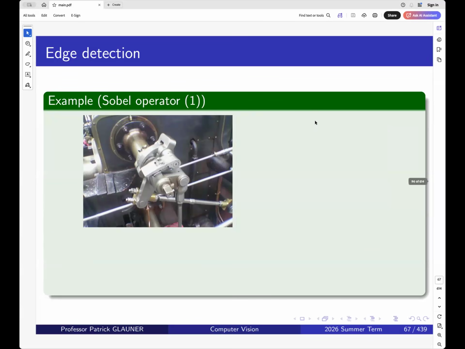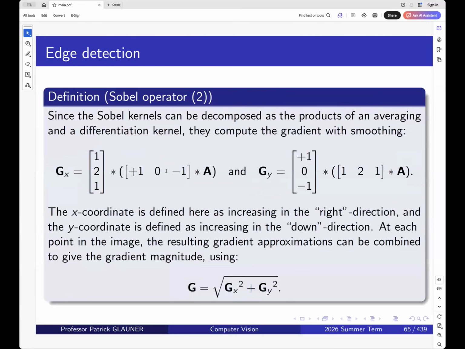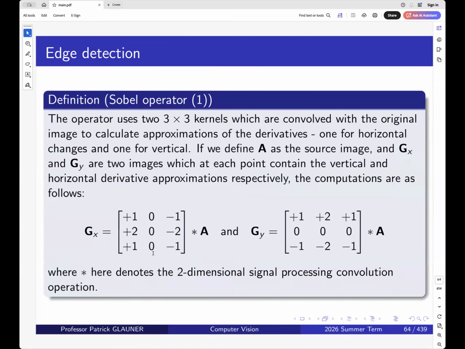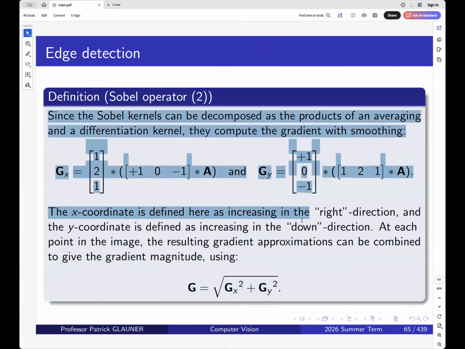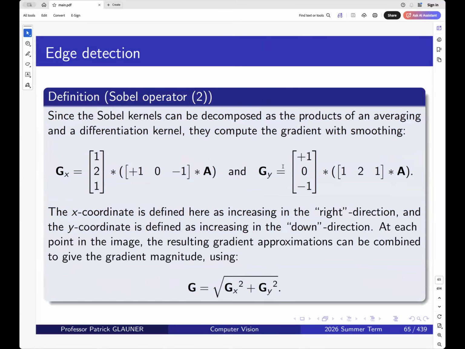It's not perfect. I've skipped a few slides, which were just about the Sobel operator and how to calculate the gradient. There's a small note here about how these gradients can be computed more efficiently rather than using that 3 times 3 matrix.